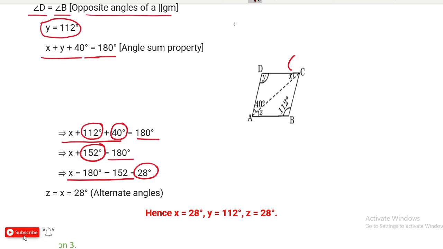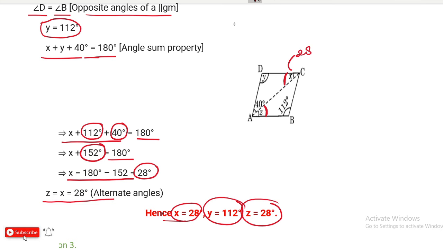We find the value of x is 28. Then we can use the property, which one? Alternate angles. Angle x is equal to angle z. If angle x is 28, then the value of z is also equal to 28. Then our first question is totally complete. The value of x is 28, the value of y is 112 and the value of z is 28.